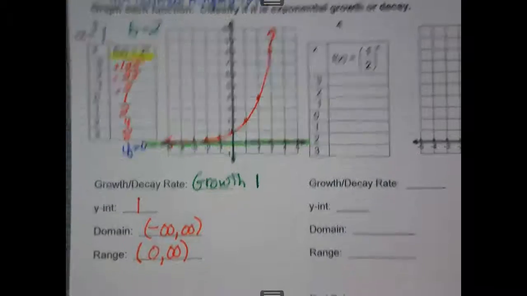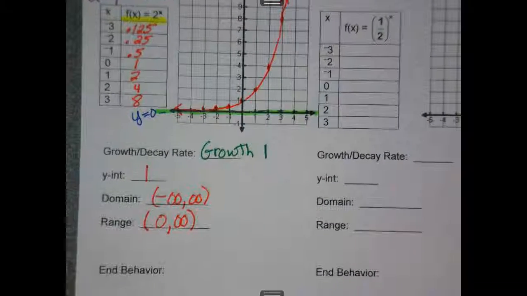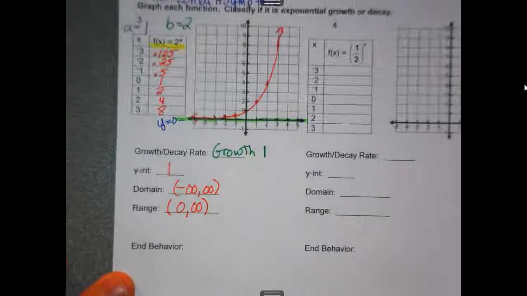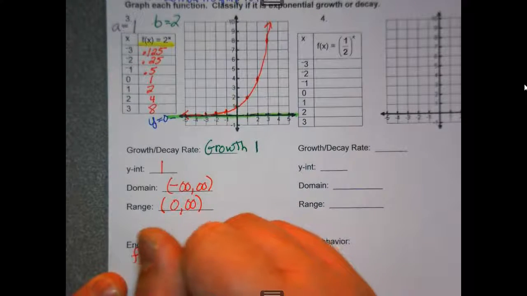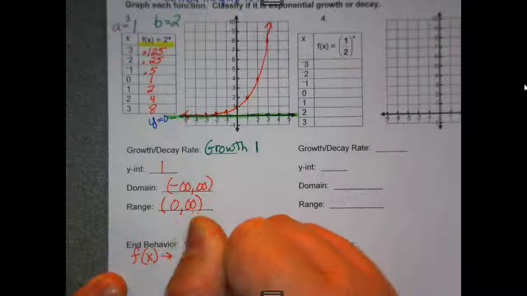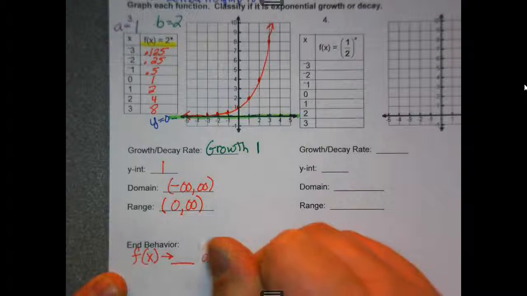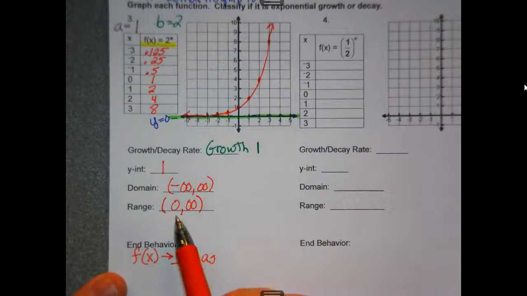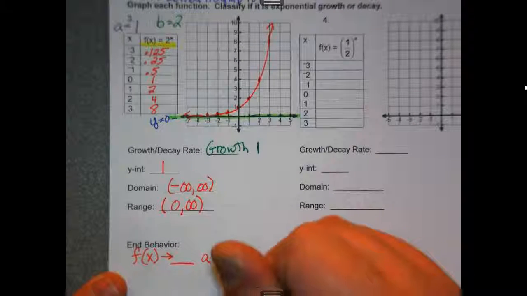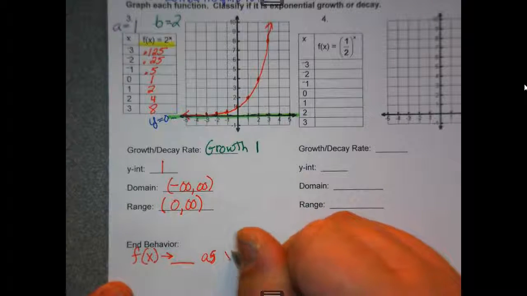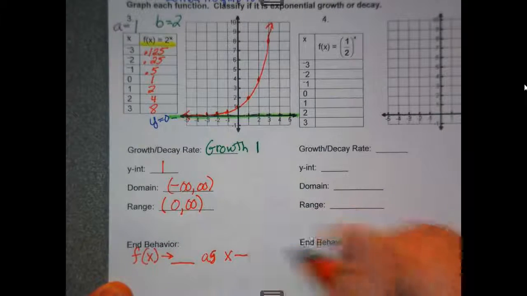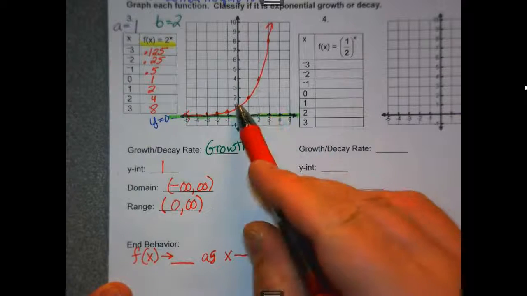My end behavior. So for range, it's going to be end behavior. The f of x approaches blank as x approaches negative infinity. No, because it never touches the x-axis. For this course, no, because we can shift these.